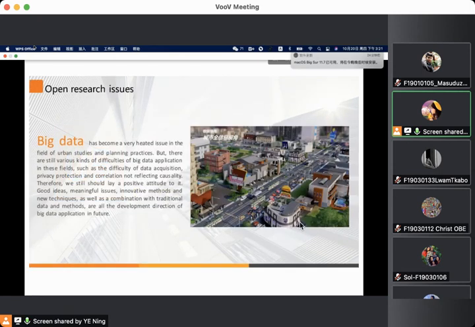What are the open research issues? This means big data is a very hot topic recently, but there are still different kinds of difficulties in big data applications.